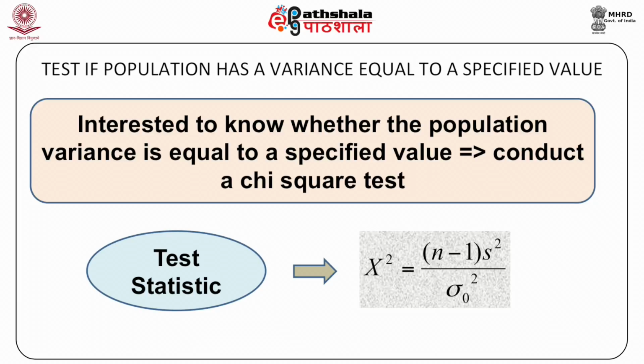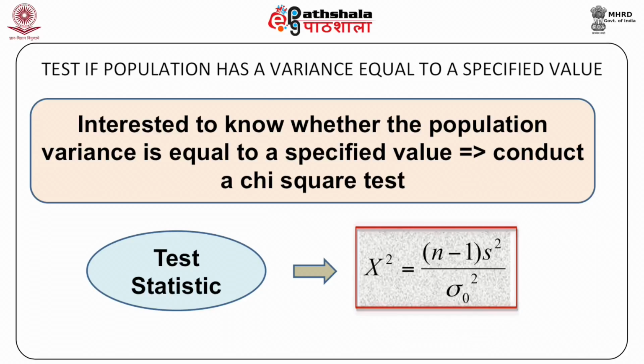Here, chi-square = (n - 1) s squared upon sigma squared. Here we compute the test statistic where n - 1 is the degrees of freedom, n is the sample size, s squared is the sample variance, and sigma squared is the population variance.